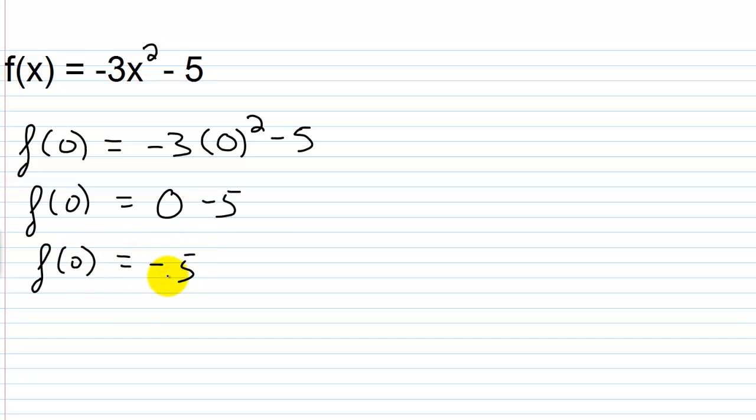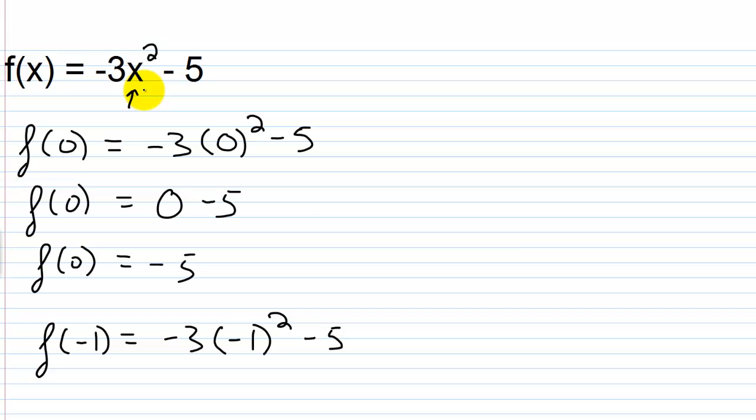Okay, we also want to find f of -1. So I'm plugging in a -1 for x there. And remember to use parentheses when you plug in, especially when you're dealing with exponents. That's going to make a difference, right? If I blow the parentheses here, I'm not going to get the right sign for my answer, right?